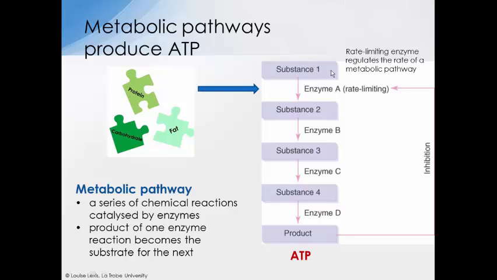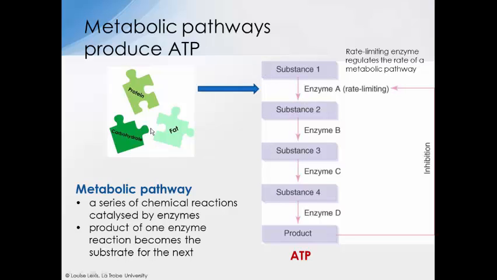What you can see here, substance 1, 2, 3, 4, and your final product. Okay, so if you remember back to when I said that enzyme activity is the rate at which an enzyme converts substrate into product, you can think of all these substances here as substrates for a particular chemical reaction.